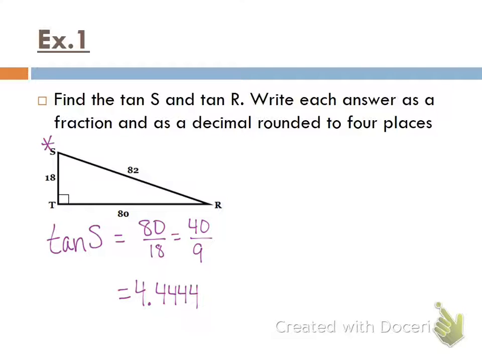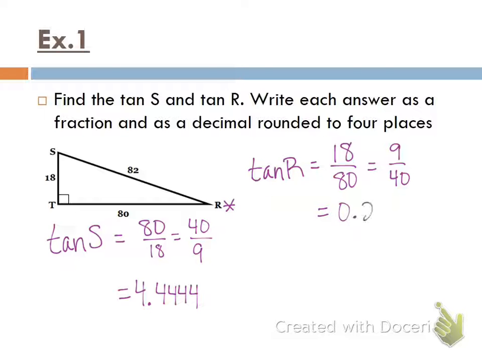So that's the tangent of angle S. They also asked for the tangent of angle R, which means that we are shifting our reference angle to be R. So now, when I try to find tangent, I'm looking for the side that's opposite angle R, which would be over the side adjacent, is 80. This would reduce to 9 over 40. And then as a decimal rounded to 4 places.